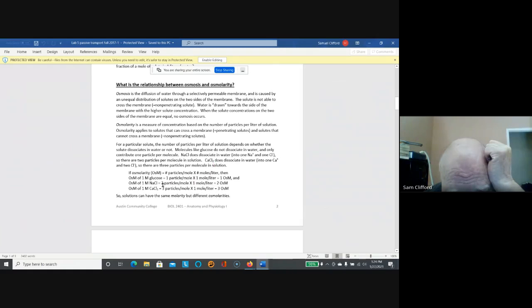So if I have a 1 molar solution of glucose, the molar concentration equals the osmolarity. If I have a 1 molar solution of sodium chloride, since sodium chloride dissociates or breaks into 2 particles in solution, it's a 2 osmolar solution.